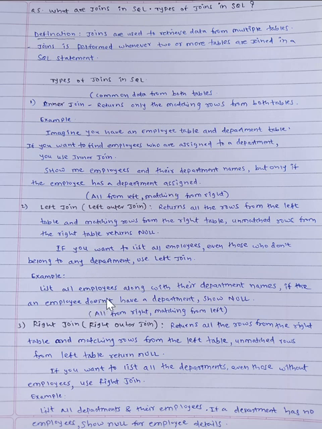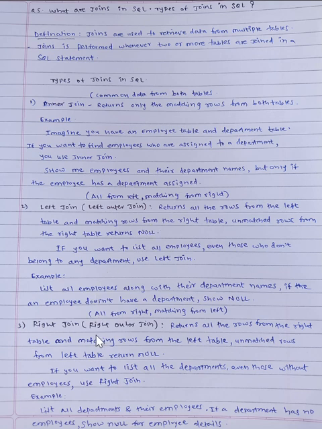Example: list all the employees along with their department names. If an employee does not have a department, show null. All the rows from the left table come into the output, and matching records from the right table; if there is no match in the right table, null comes into the output.